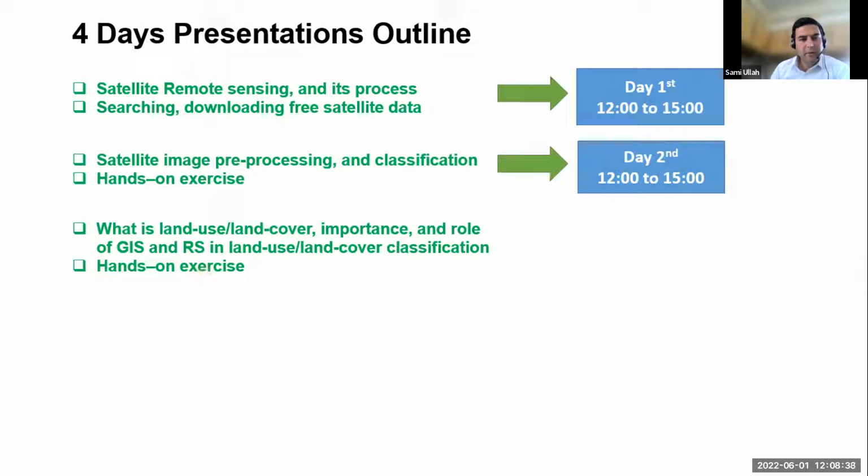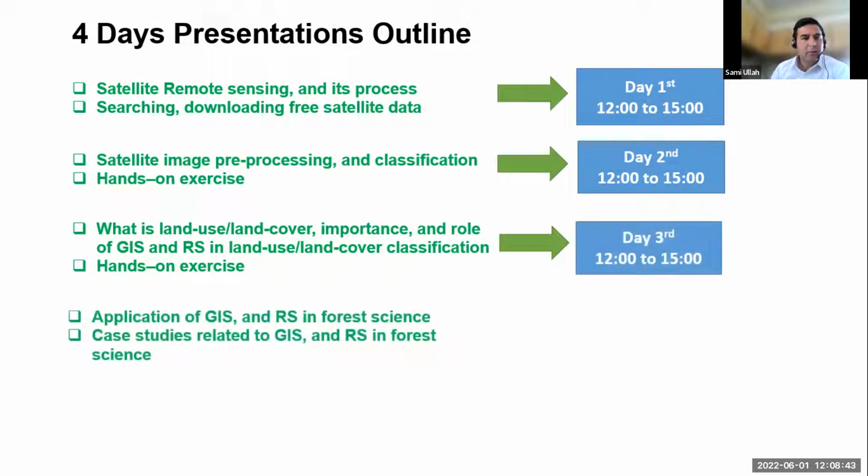The final day, the fourth day, after my presentation, I will talk more specifically about GIS and remote sensing application in the field of forest sciences: how we are applying different remote sensing data sets, classification algorithms, and space-borne sensors for different meaningful information, specifically in the area of forest sciences. This will be the fourth day.